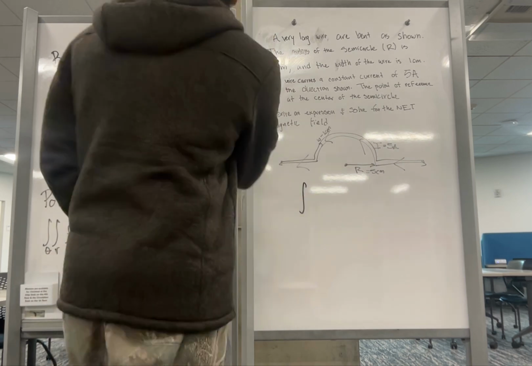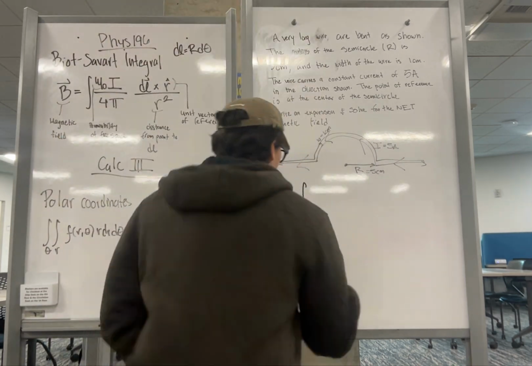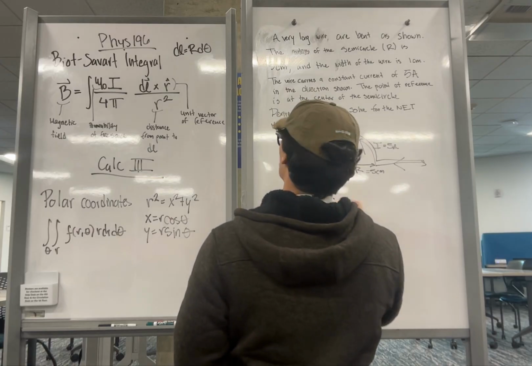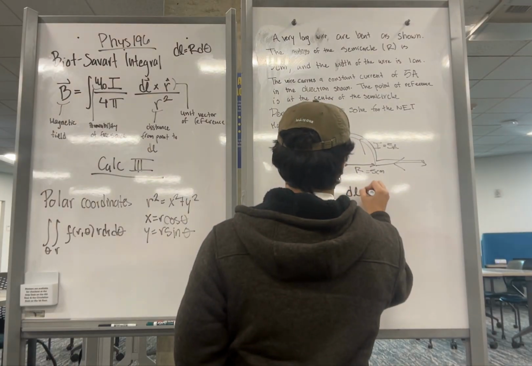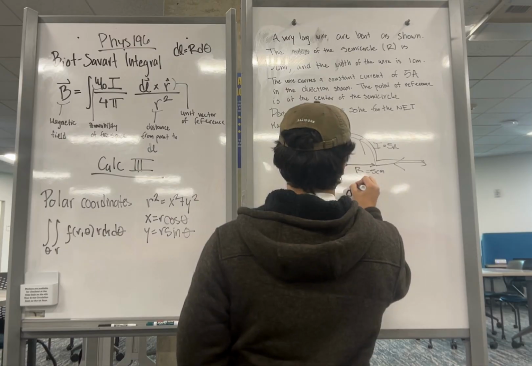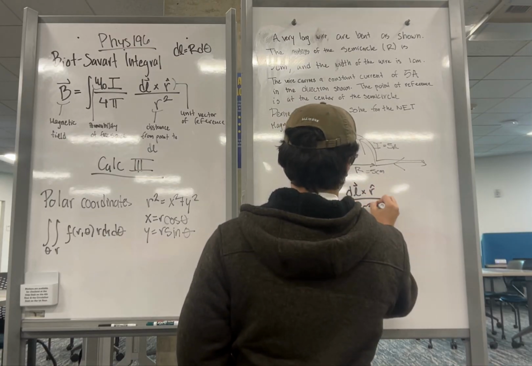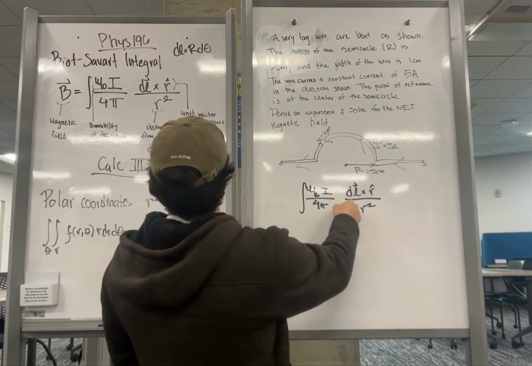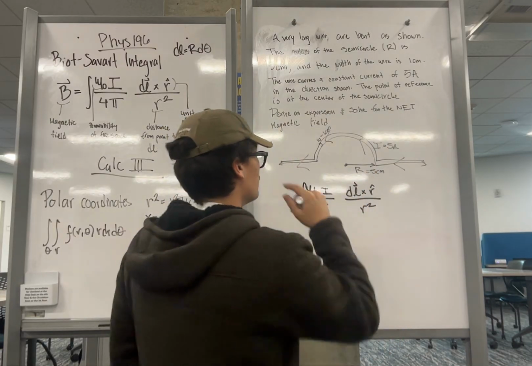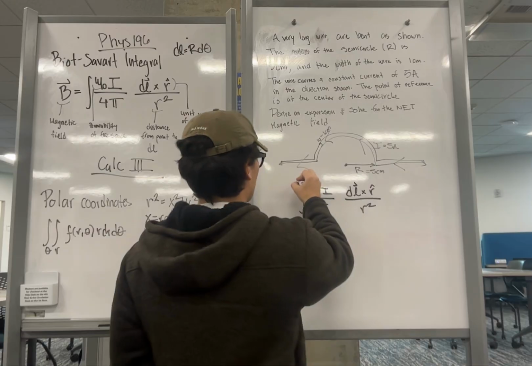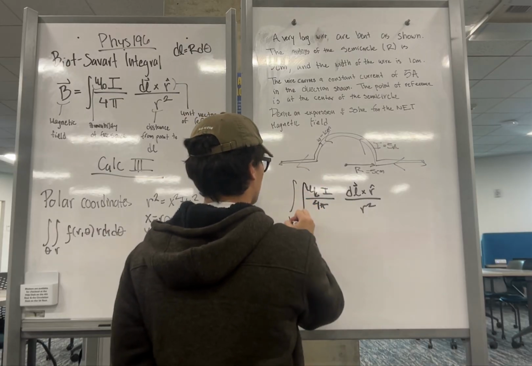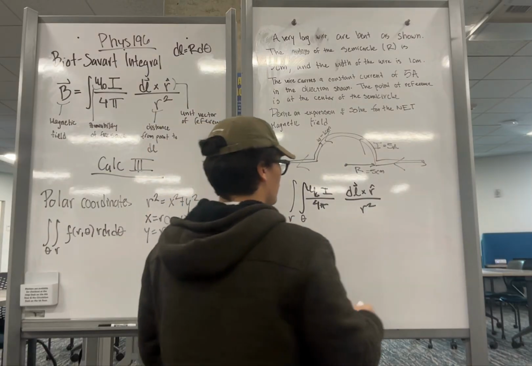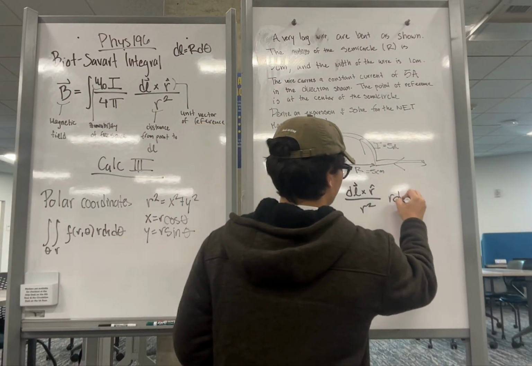So we take the normal units of our integral, I over 4 pi times dl cross r squared, and then this is all with respect to dl, which is going to turn to d theta. So we have to add an extra integral. This is the theta one, and this will be the r one. We don't have the bounds yet, but we're going to work on that later. And then we just add the r dr.